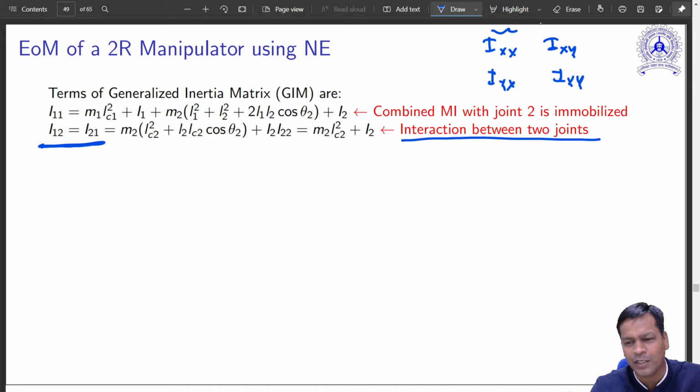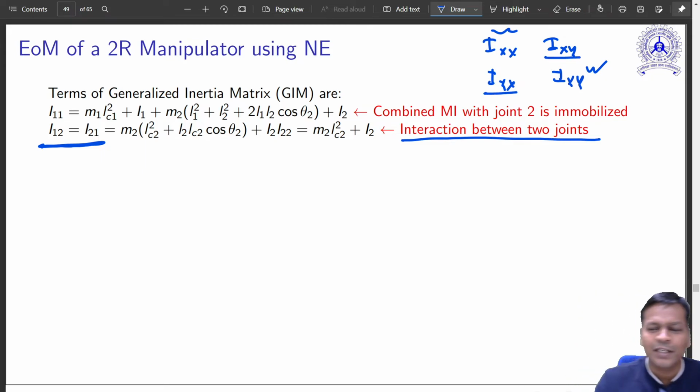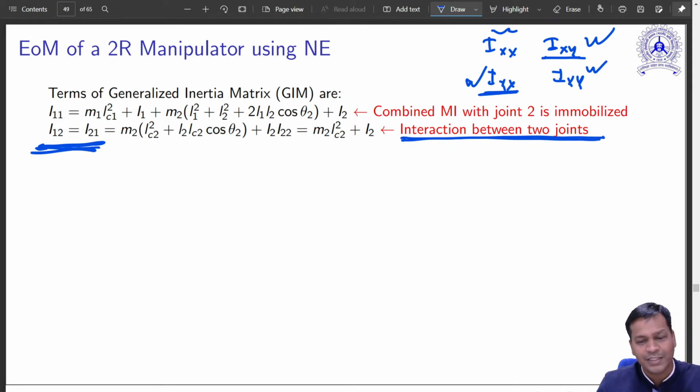So these two terms are principal moments of inertia, whereas these two are product moments of inertia. Physically, it basically interprets the interaction between the two links, the effect of moving one link on the other one. So it basically represents that. So these two terms are the same.